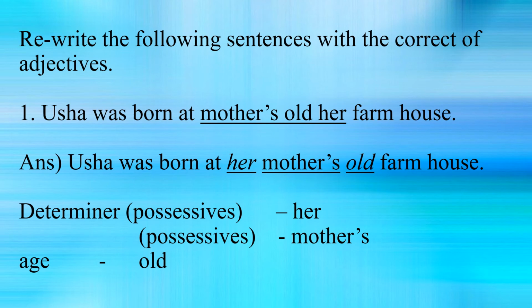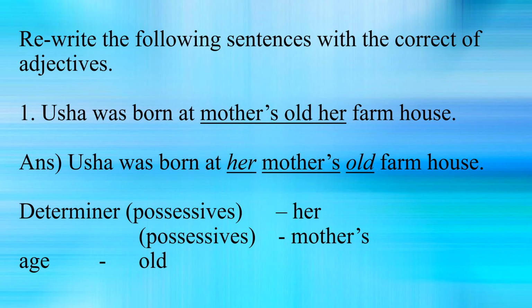So first, let us bring the determiner to the first position. And the first determiner here is her. That is the possessive word her. And then another possessive word mother's. Her mother's. And then we have seen in the table comes the age. And here it is old.